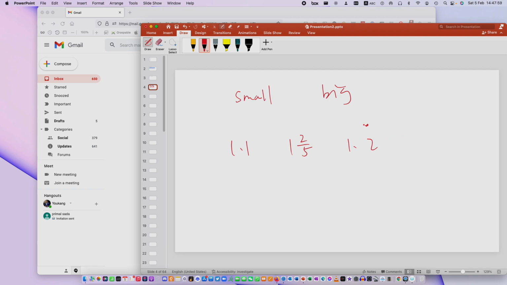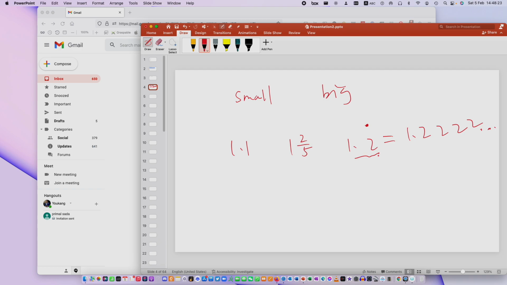No. Okay, it means 1.2 but endless. I don't want to write it all out, so I use this notation, with a dot above to signify the 2 will repeat itself non-stop.